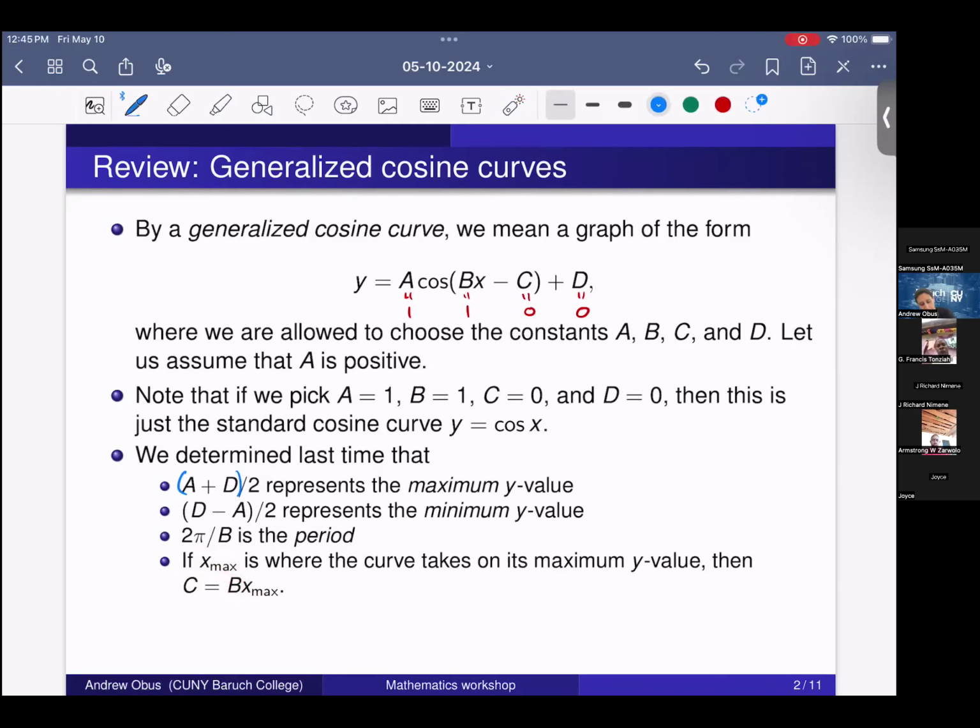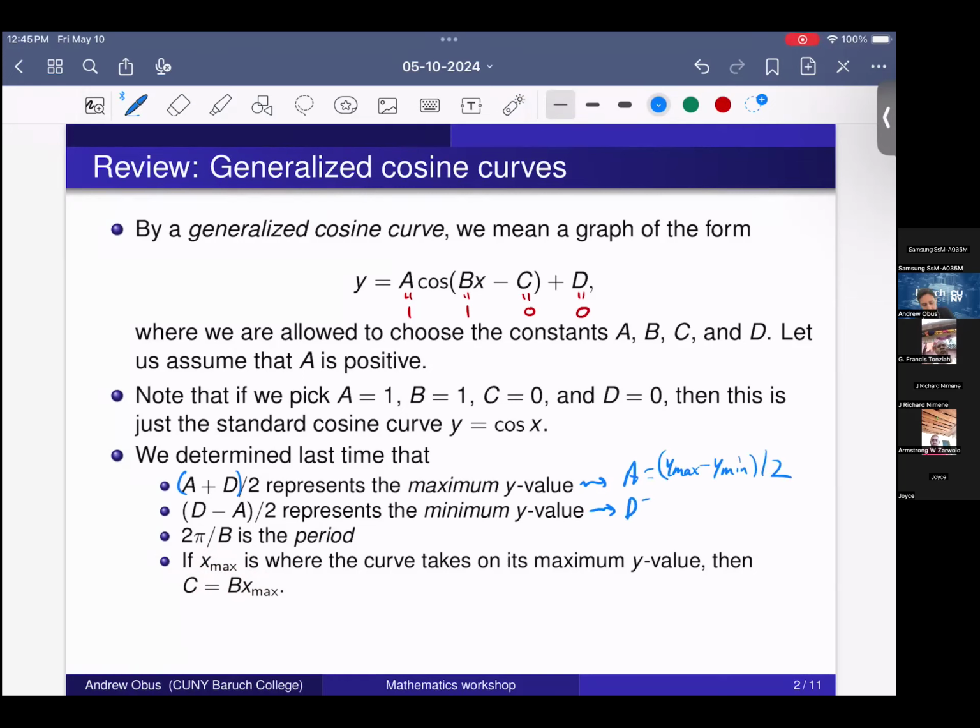Okay? So let me restate what our consequences here are. So if you want to solve for a and d here, you get that a is equal to y maximum minus y minimum divided by 2.